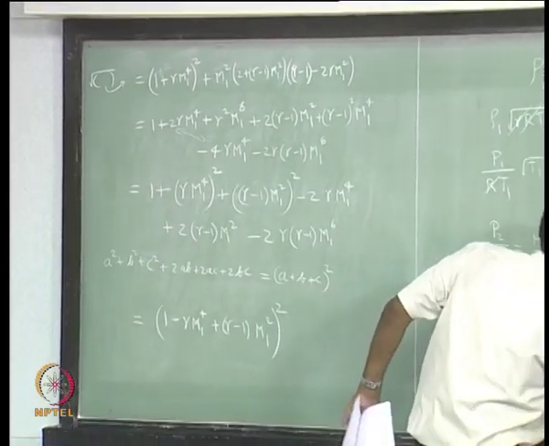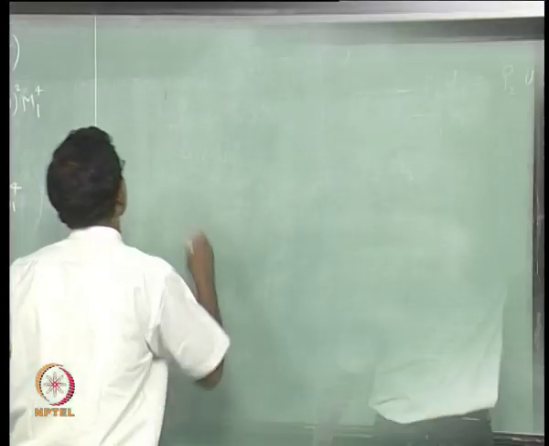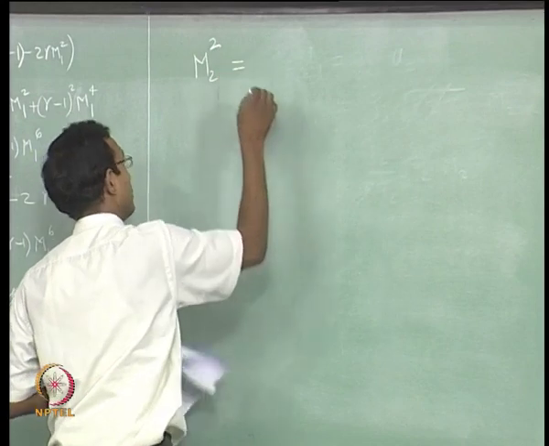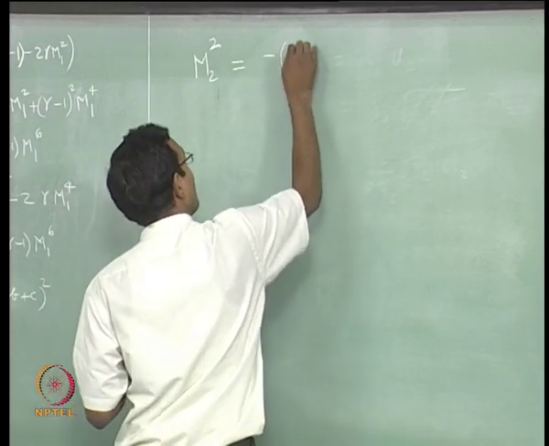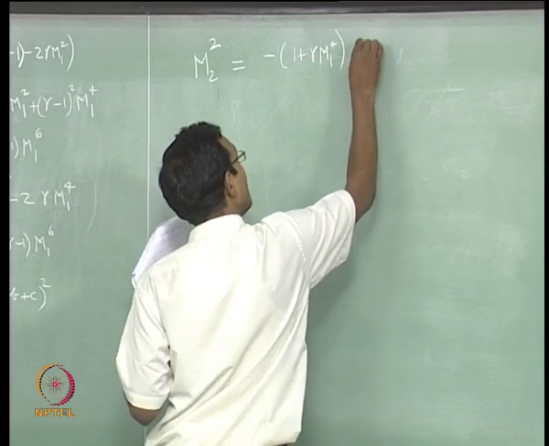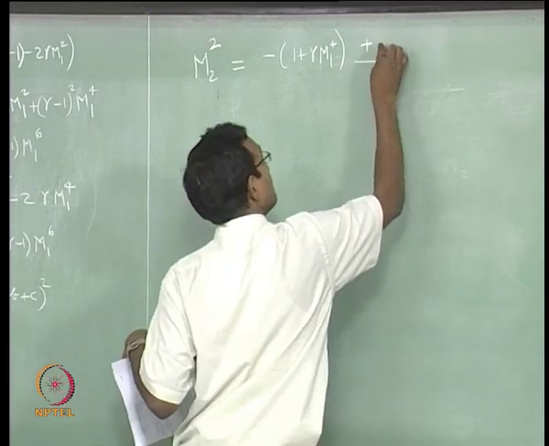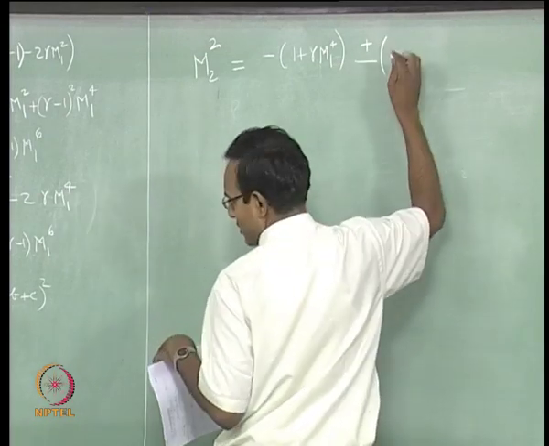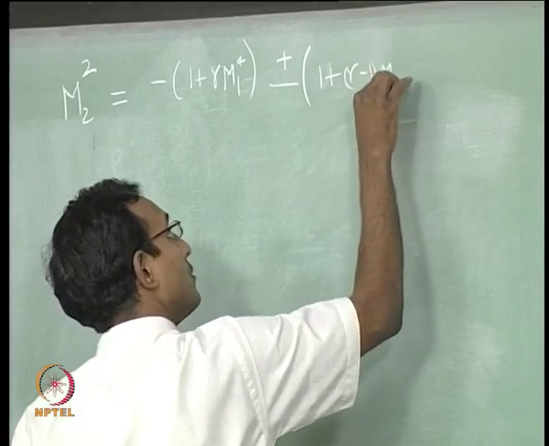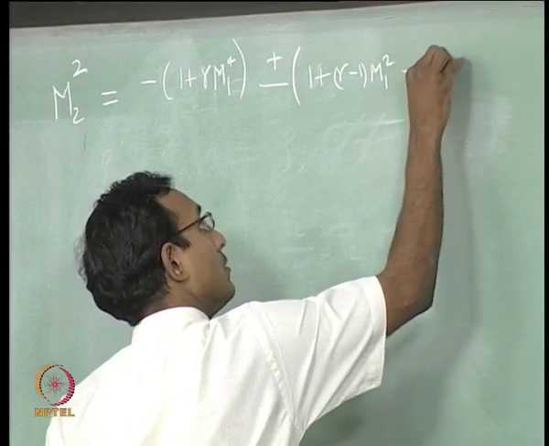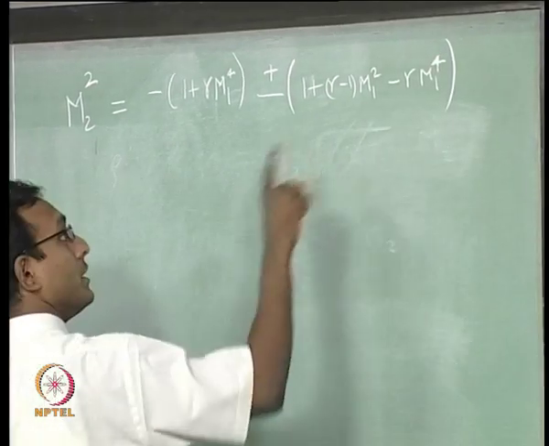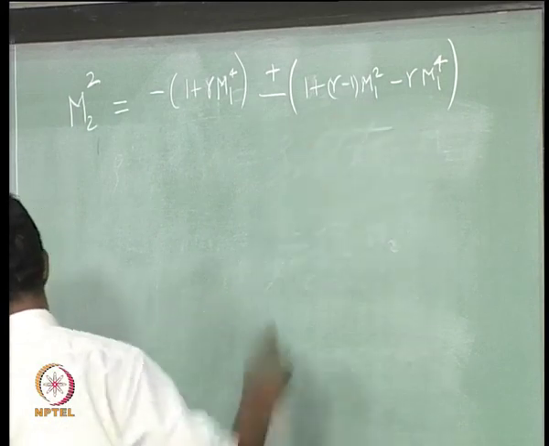Now I will go and write m2 square in terms of m1 square again. So my original solution to my quadratic, that expression m2 square equal to, will become plus minus that bracket which we just found out without the square term, because square root removes it, minus gamma m1 power 4 gamma minus 1 m2 m1 square.